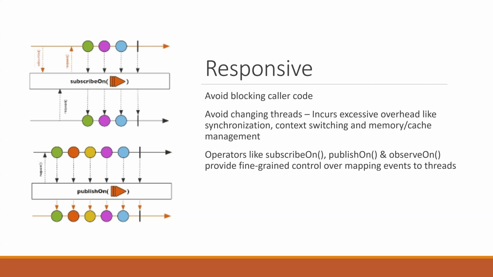So you could go hog wild crazy with your threads and say every instance of every operator is its own thread, and you'll actually slow things down on an individual machine. Okay, so pay attention. There are some fine-grained controls over mapping events to threads, so make sure that you're not going hog wild crazy with threads. Otherwise, you'll lose your responsiveness.